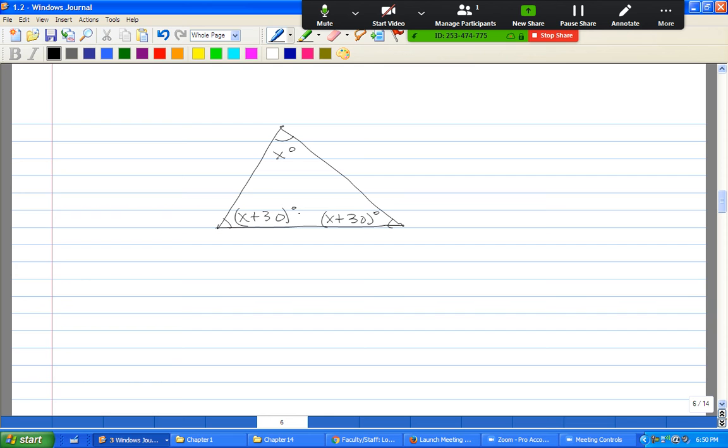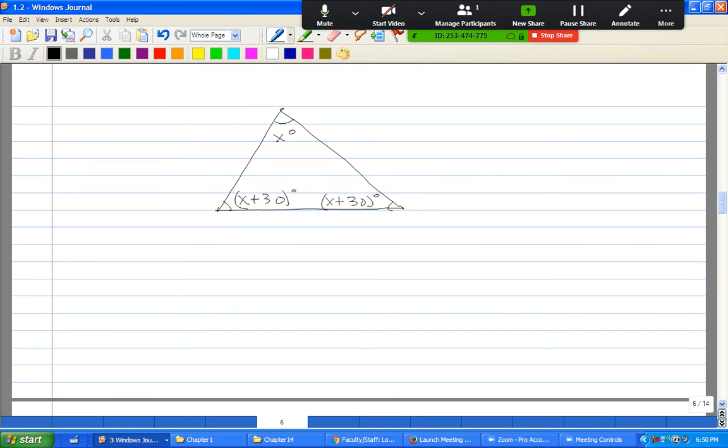Okay, and so we want that the sum of these angles should equal 180. Combine like terms. 1x plus 1x plus 1x is 3x. 30 plus 30 is 60.